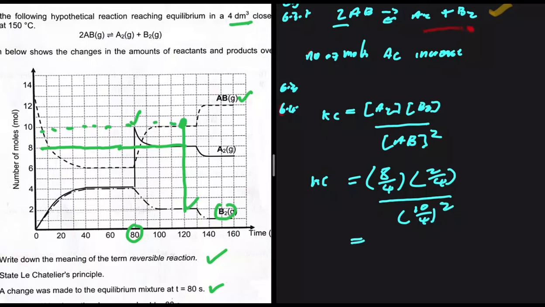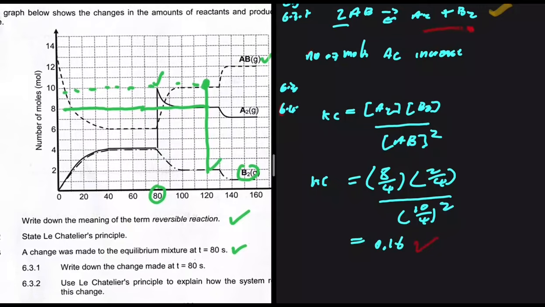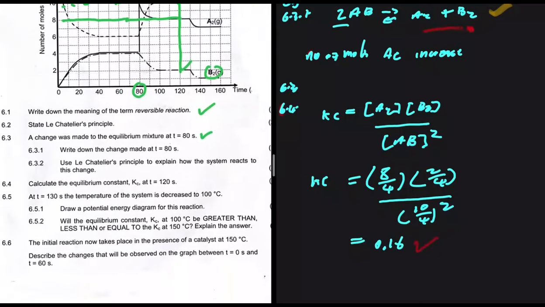Now it's just a matter of putting that in my calculator. Let me do that fairly quickly. I have 0.16. So there we go. That is our Kc at t equals 120 seconds.